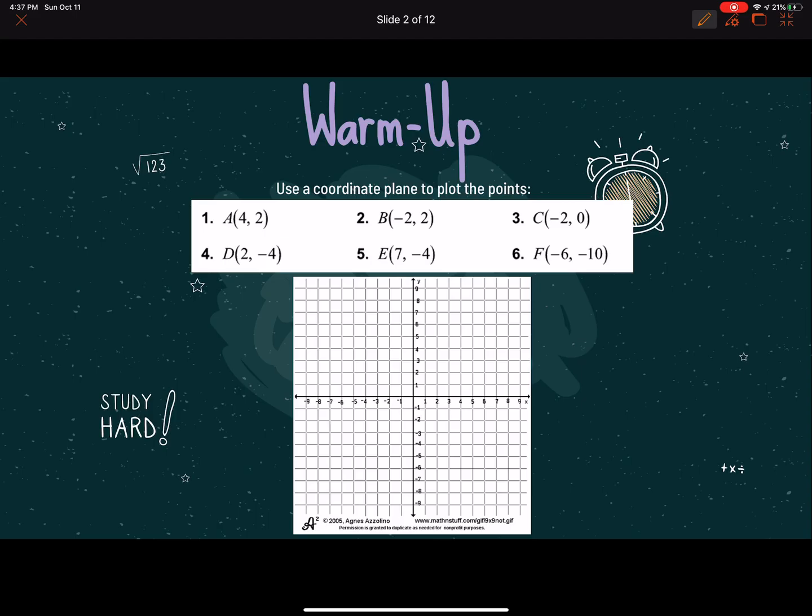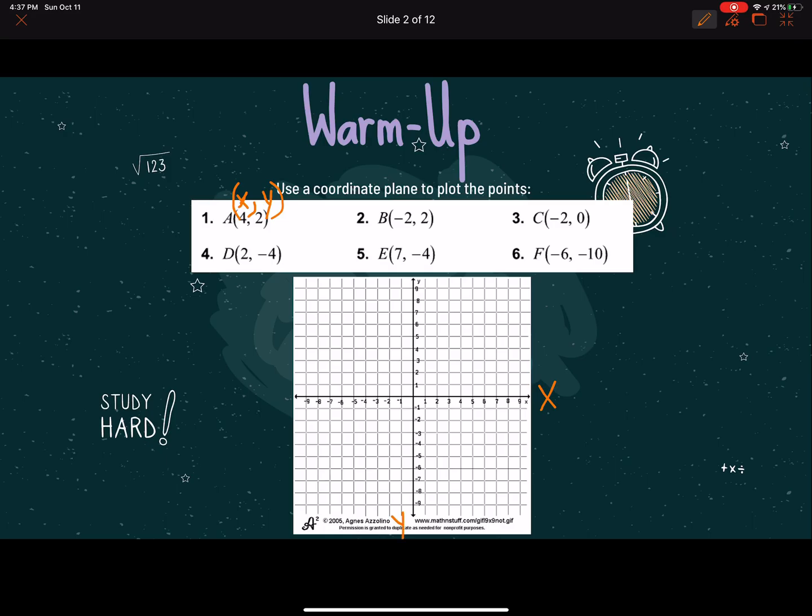Okay, I'm going to go ahead and plot these points. Number 1, we have point A, and that is at (4, 2). If you will recall, with an ordered pair, we have our x coordinate, comma, y coordinate. On the coordinate plane, we have our x-axis and our y-axis.